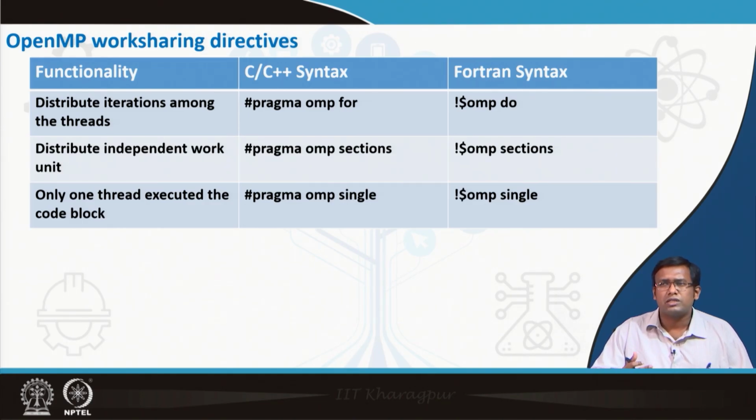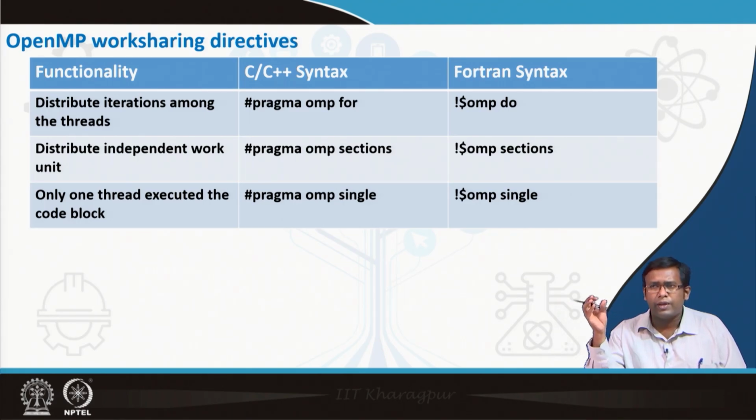Each of these threads will execute the same instruction, but they will pick up the relevant data for their work. In case they have to do different instructions, which is multiple instruction multiple data, it can also be via the sections model, where different threads do different work and pick up data differently.